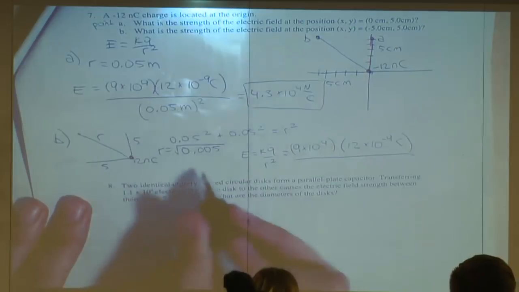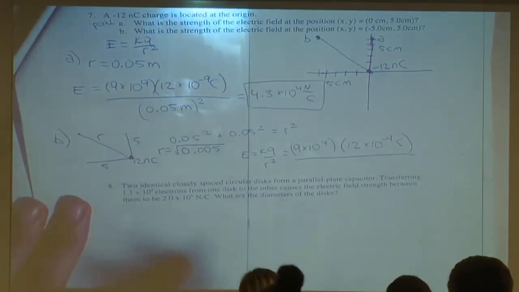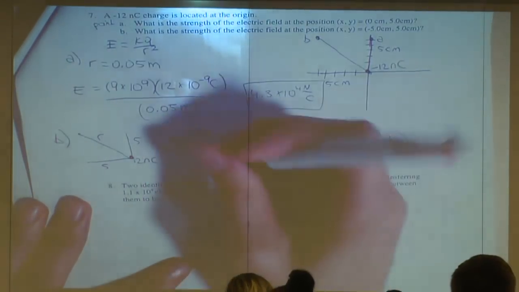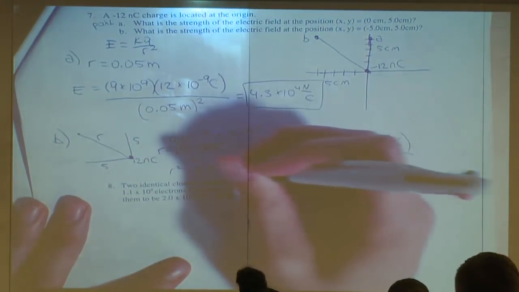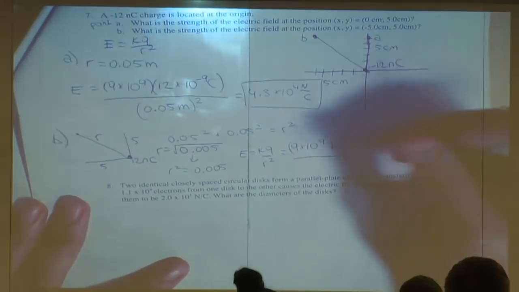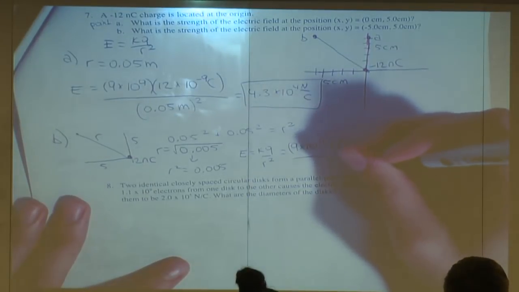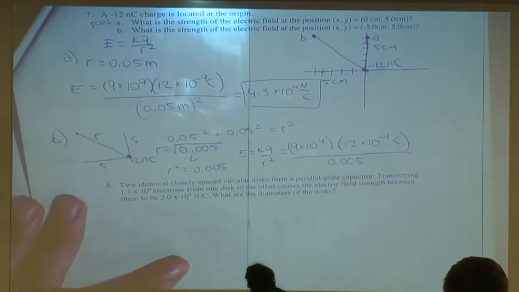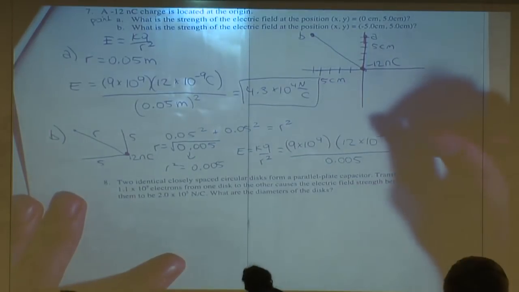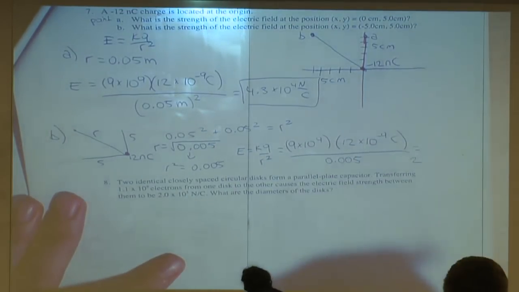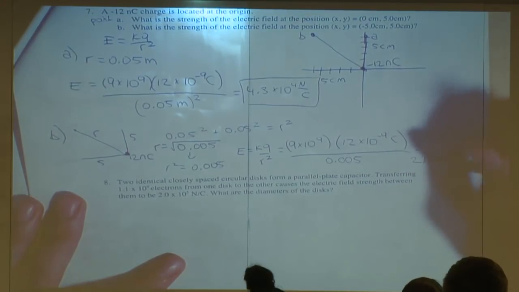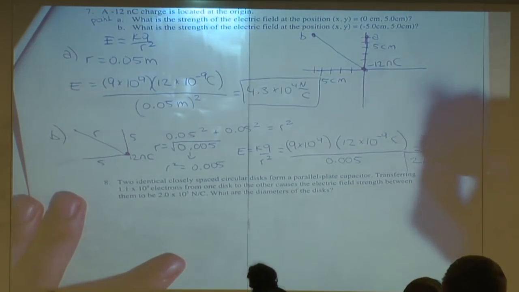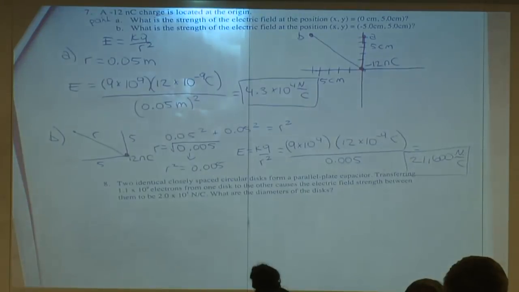So like I said before, if R is the square root of 0.005, then R squared just is 0.005. And for this one, I did not put it in scientific notation, but it's 21,600 newtons per coulomb for this one. Okay. Any questions about this one?